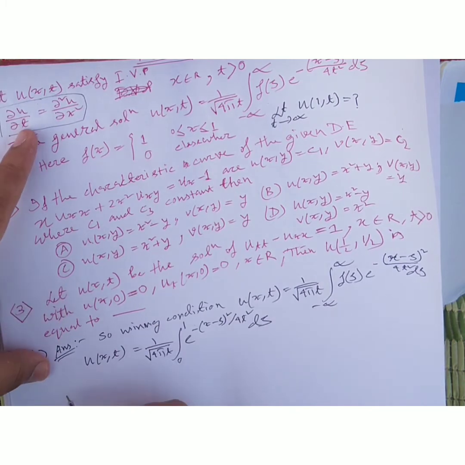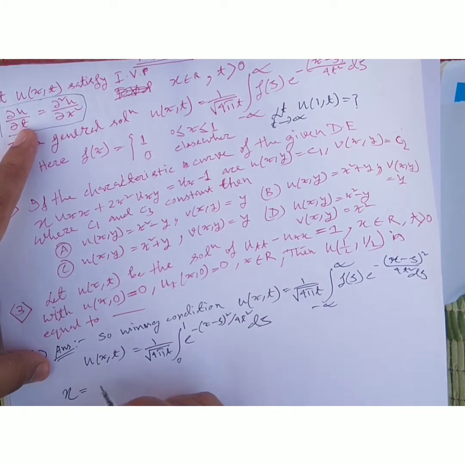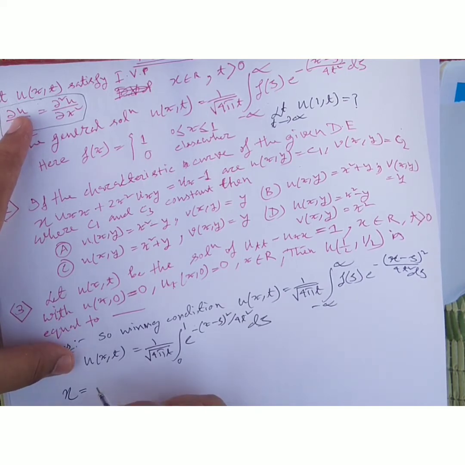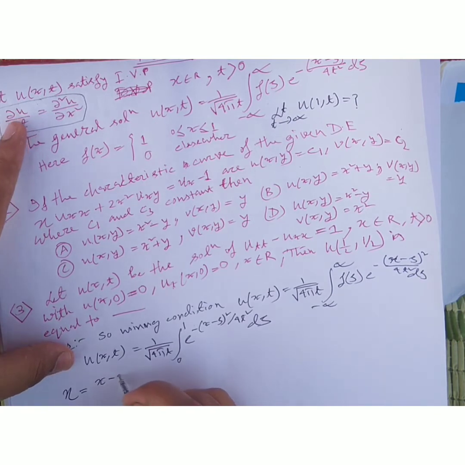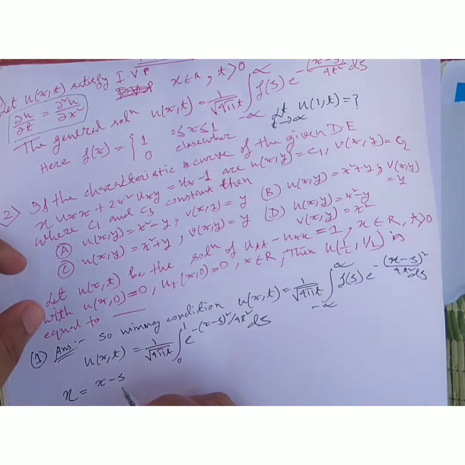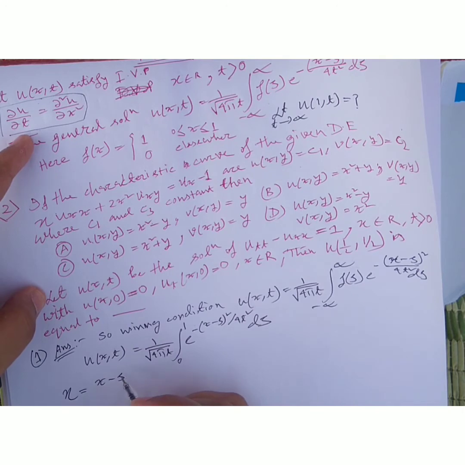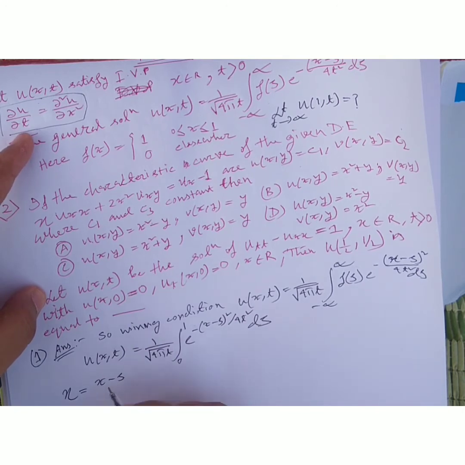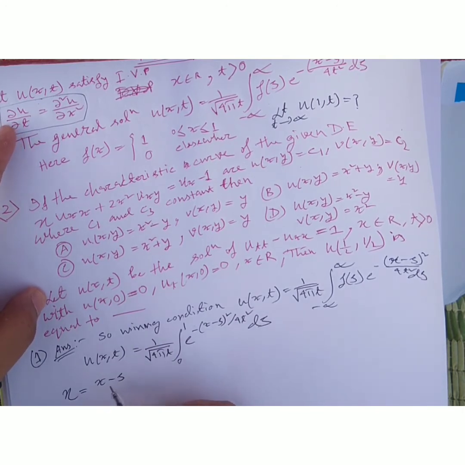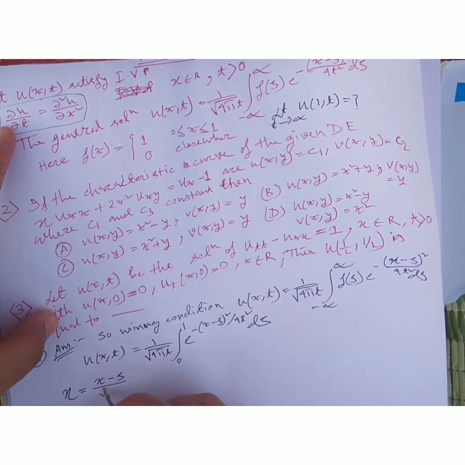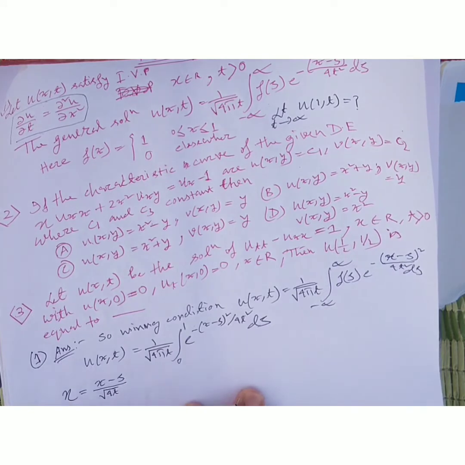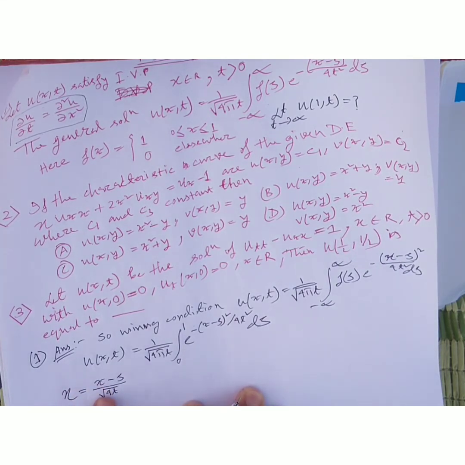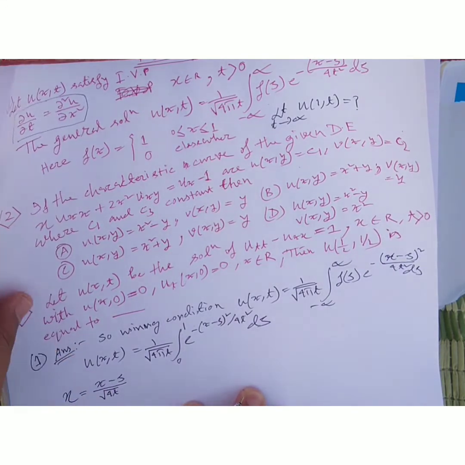And let eta be equal to (x minus j) divided by root over 4t.